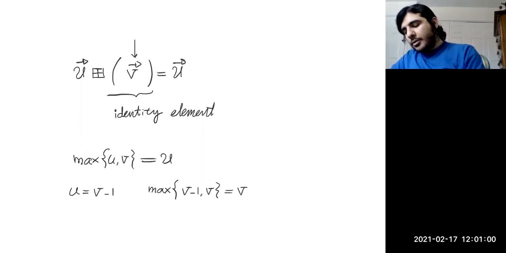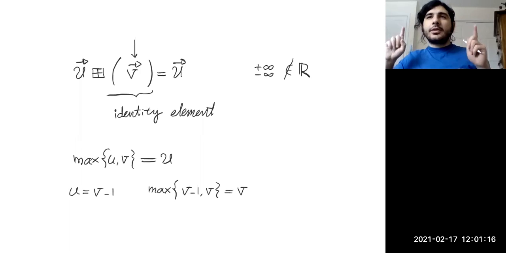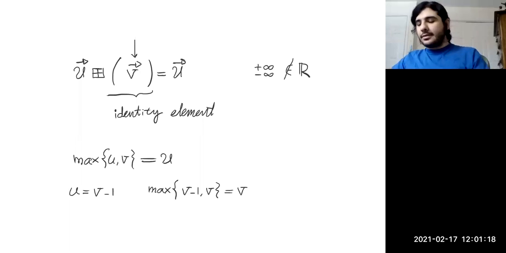So as we know, plus infinity and minus infinity are not elements of the real numbers. 1, 2, 3, these are real numbers. Plus infinity and minus infinity, they are not real numbers. But just for a second, if we assume they are, actually minus infinity would work as the identity element here.